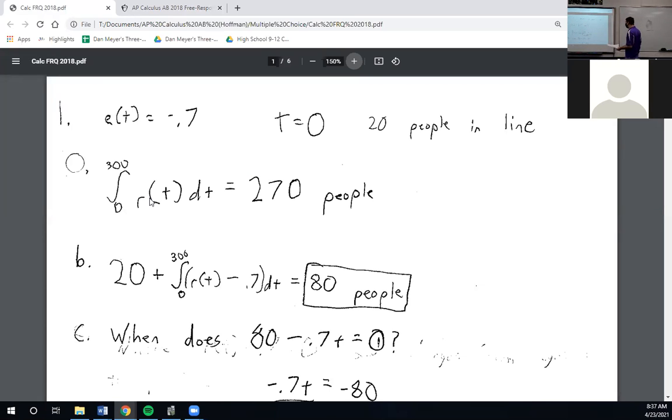And this time, since we want to know how many people are in line, we need to factor in how many people there were in line to start with. So this time we are using that 20, and then the integral from 0 to 300 of the rate in minus the rate out, so that we're factoring in how many people got in line and also how many people exited the line.